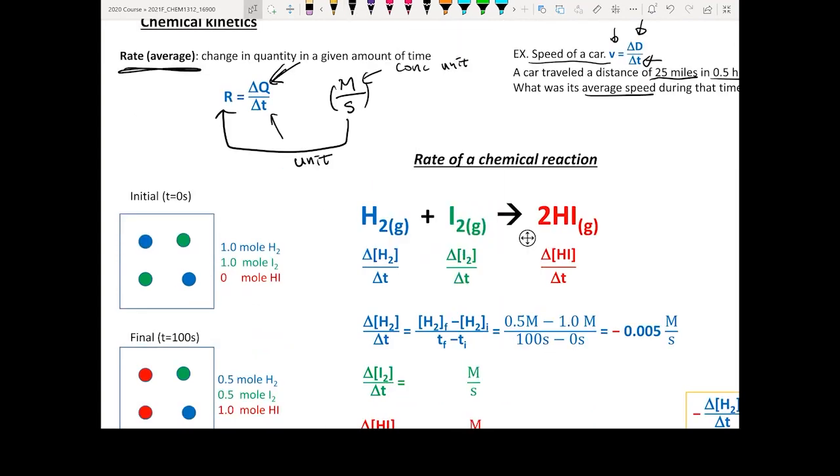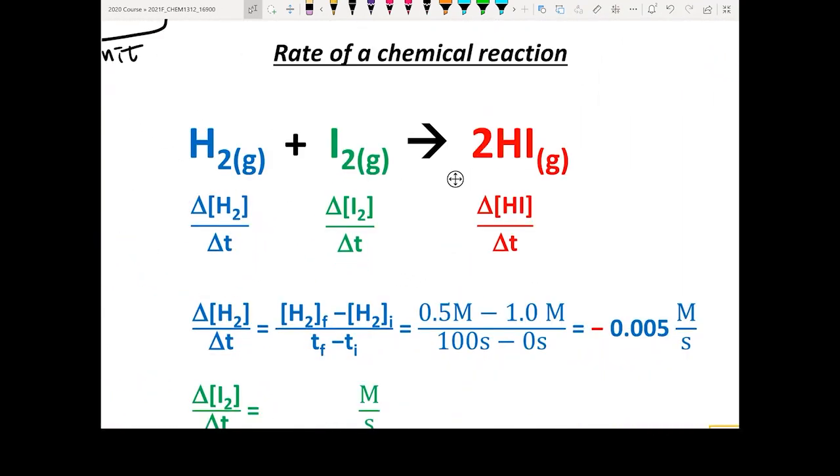Now we can dive a little bit deeper. You see this chemical equation, right? H2 plus I2 forming 2HI. We want to define the reaction rate. On the left-hand side of the arrow, we call these species the reactants, right?